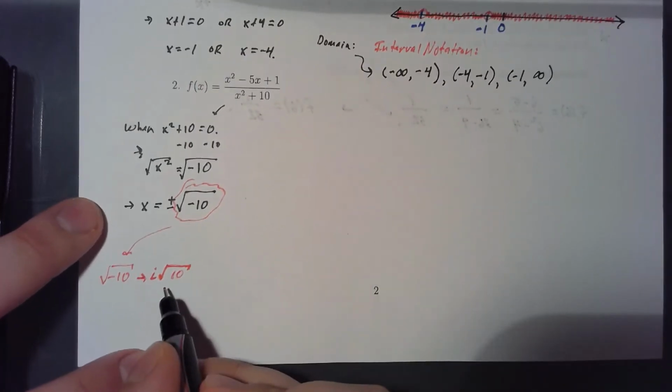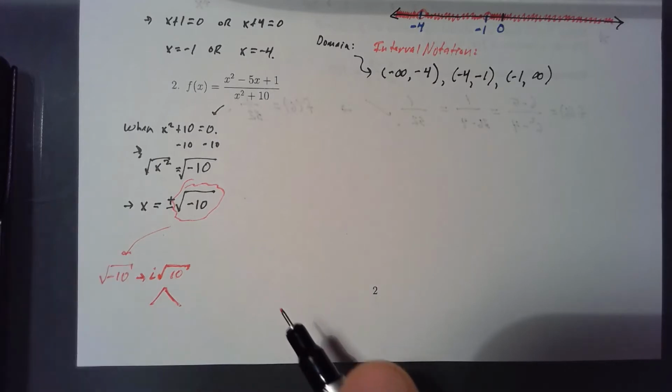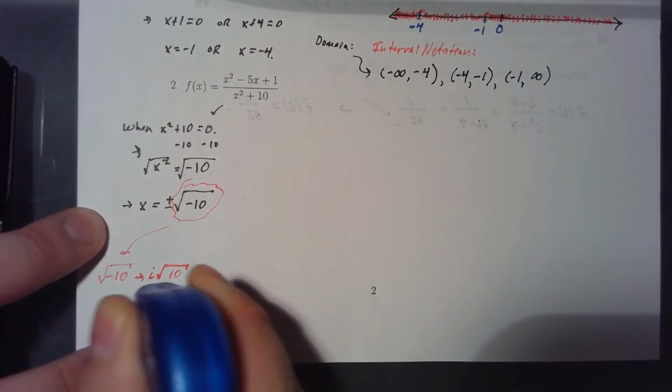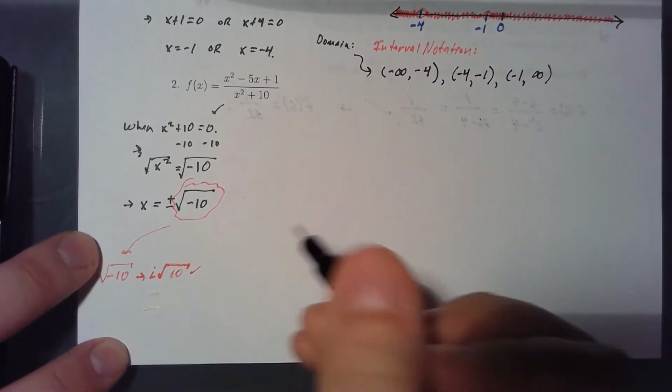Now could this reduce? Can I reduce the square root of 10? Can I factor a perfect square out of that? So the first perfect square is 4, that doesn't go into it, and then the next perfect square is 9. That doesn't go into it either. So no, I can't. So that's as far as that goes.